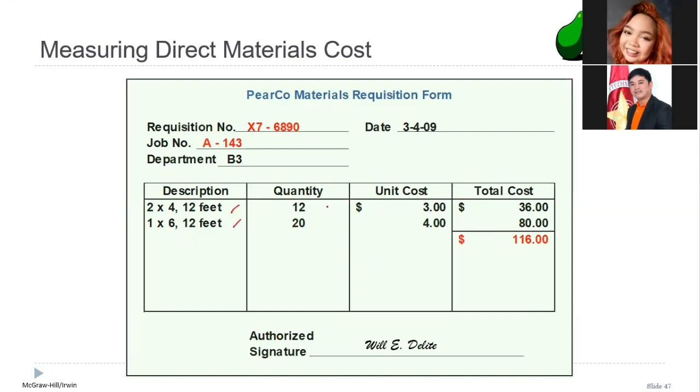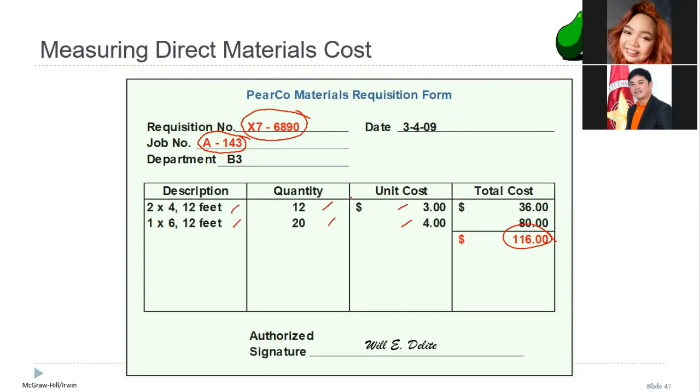Ito yung mga quantity, yung materials that we need, ang ilan, and unit cost. And then we will come up with the total cost. Nakalagay po dito, job A143. So yung materials requisition form is intended for job A143. Meron din pong monitoring, nakaseries din po ang requisition number para may tracing tayo na ito ay yung requisition number natin na chargeable to job number or customer A143. Okay?